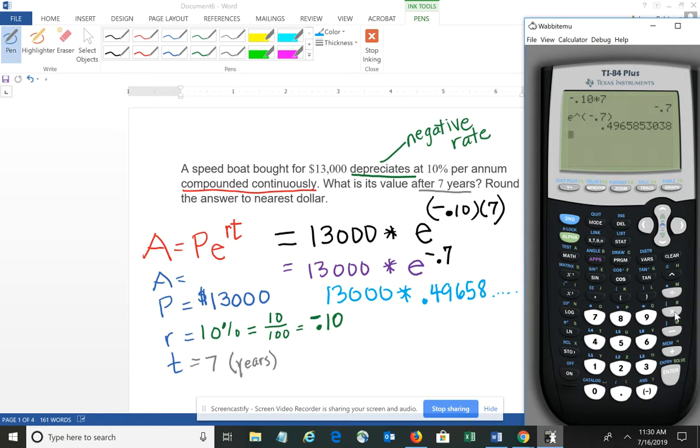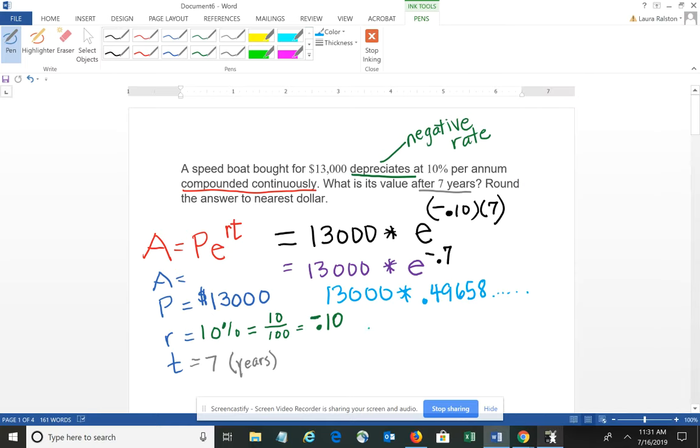So I'm just going to tell it to do times. See, it automatically puts in that decimal value times 13,000. And I enter. Okay, which gives me my final answer of $6,455.61.